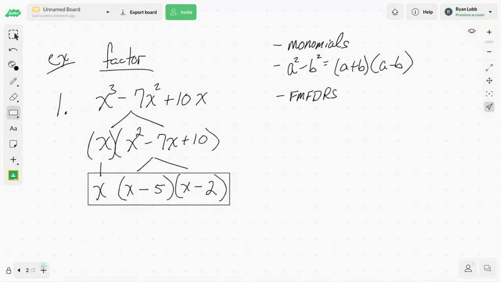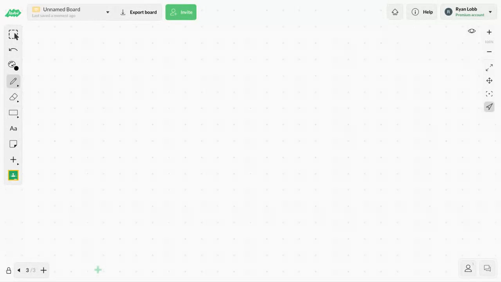So there's that one. Let's look at another one. Example 2: we're going to factor 3n to the 7th minus 75n to the 5th. What we're thinking about here is a common monomial. What's in common with 3n to the 7th and 75n to the 5th? There's a 3 in common and an n to the 5th.